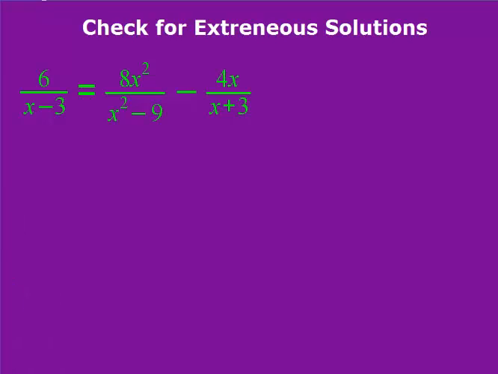Check for extraneous solutions. So first of all, does anybody know what an extraneous solution is? What little word is part of the extraneous? It's not an S. Extra, right? Okay, what does it mean for something to be extra? Or more than needed, right?